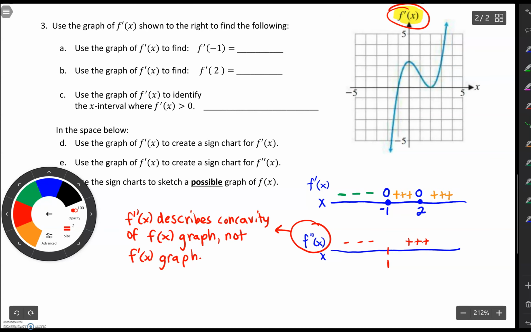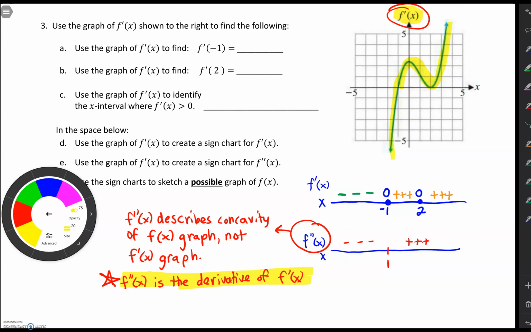So how do I get second derivative information off a first derivative graph? Well, we're going to need to think about the second derivative being the derivative of the first derivative. We're given the graph of the first derivative, so the slopes of the tangent lines are going to describe the second derivative. Remember that a derivative is an instantaneous rate of change.